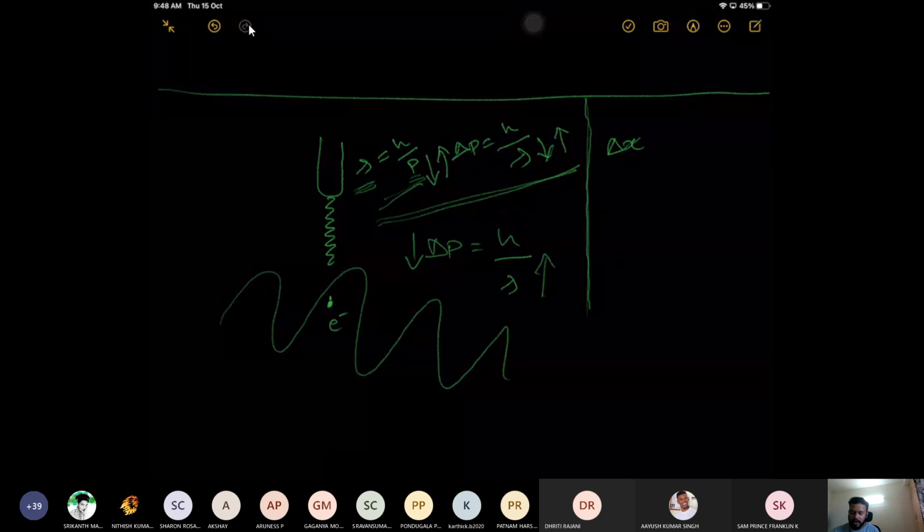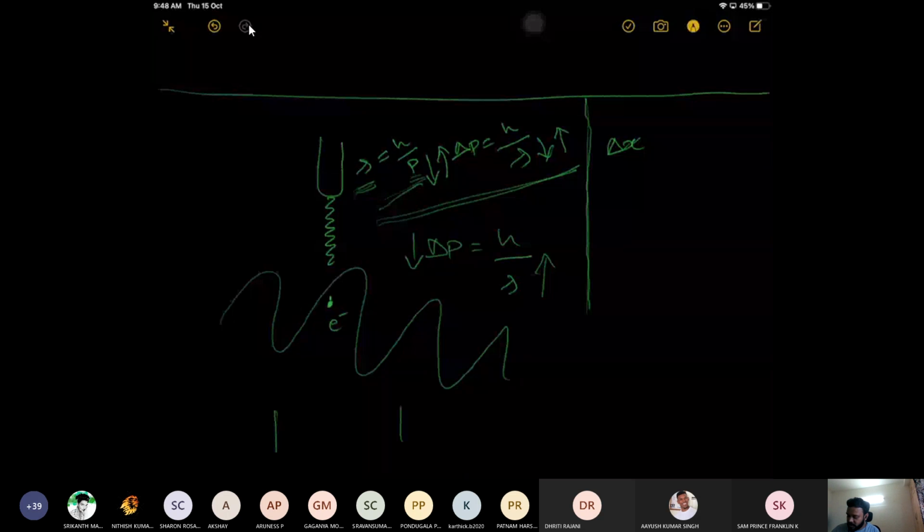The larger the wavelength, the larger the area it would spread out, and then it will be very difficult to say whether the electron is here, or here, or here. Then how do we reduce this problem? We have to reduce the wavelength. Let's say we use a wavelength of this length, then we can clearly say, okay, the electron is here.